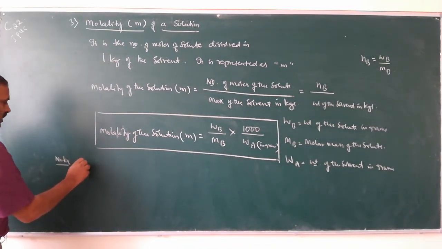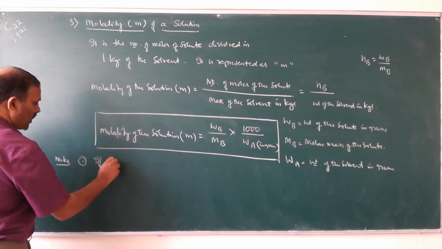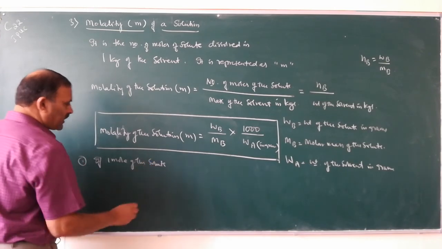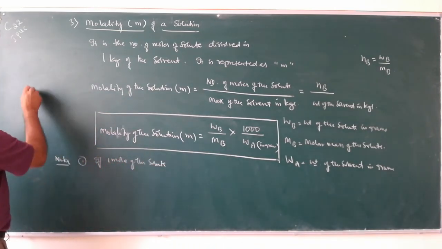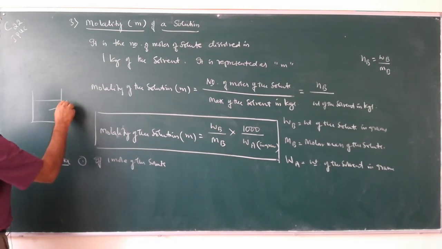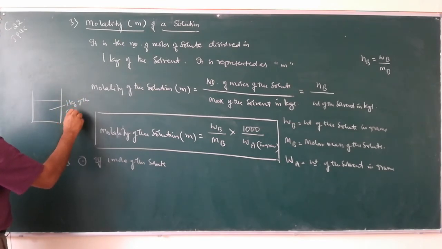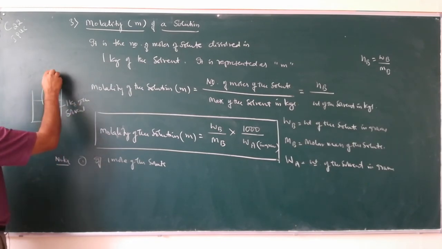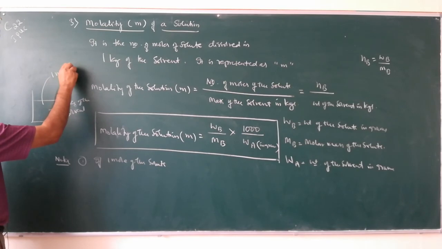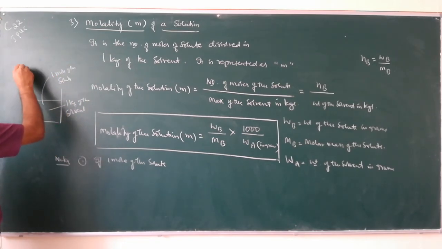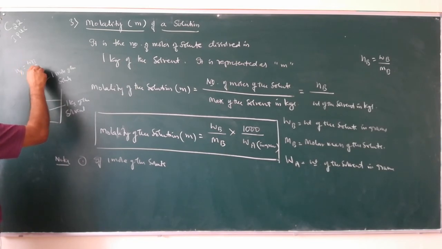Then coming to the important notes. Number 1: if I take 1 kg of the solvent and dissolve 1 mole of the solute, NB is equal to WB divided by MB.